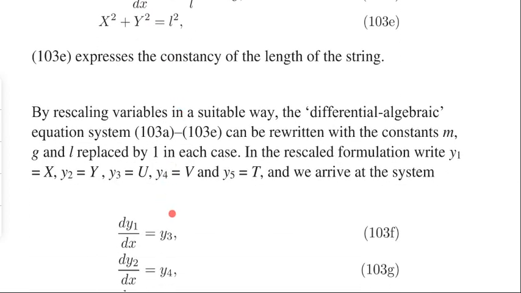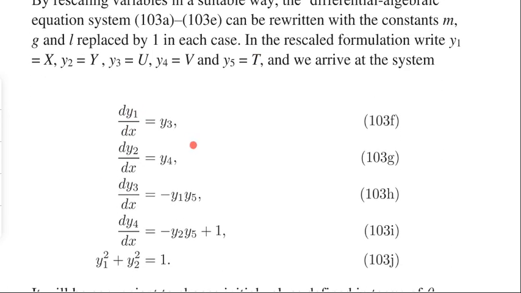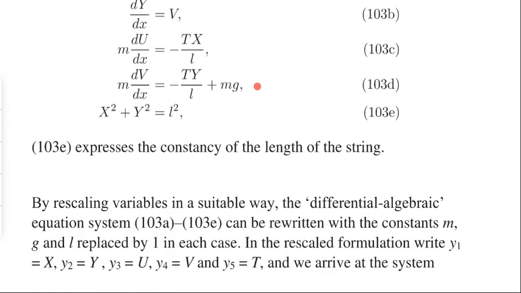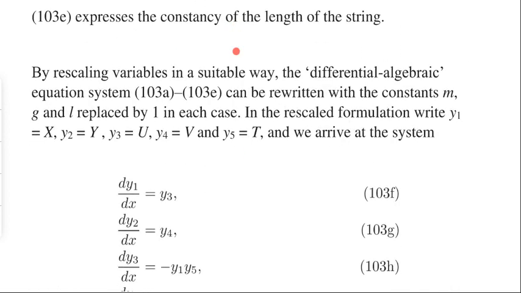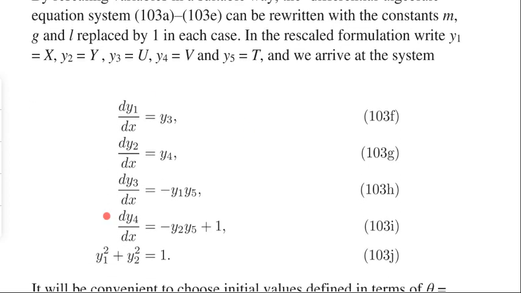Now we can rescale our variables, and these are some mathematical simplifications for our problem. If we define some new variables y1 to y5, these equations can be rewritten in this form.